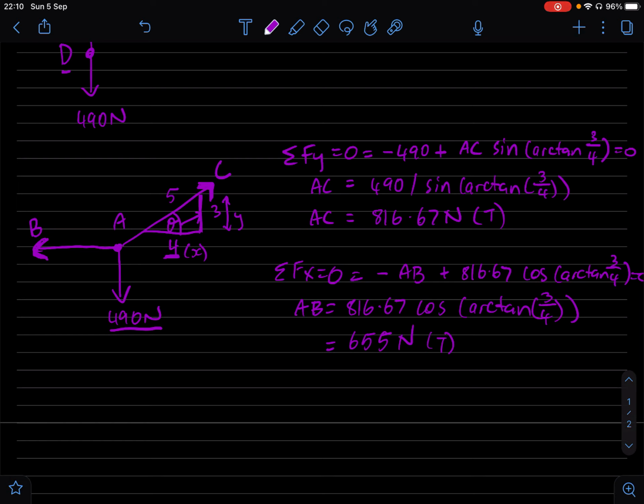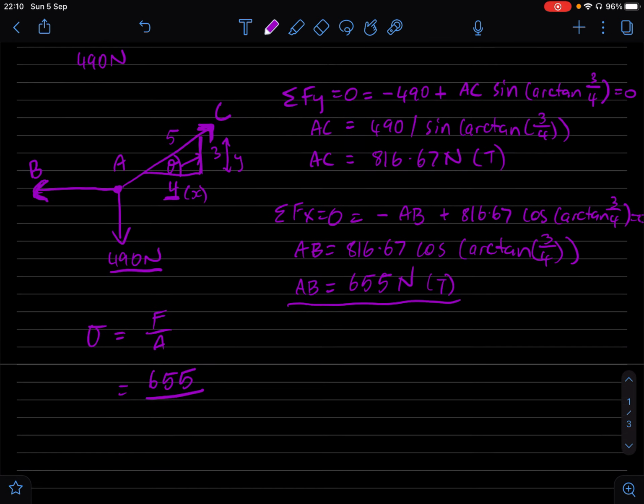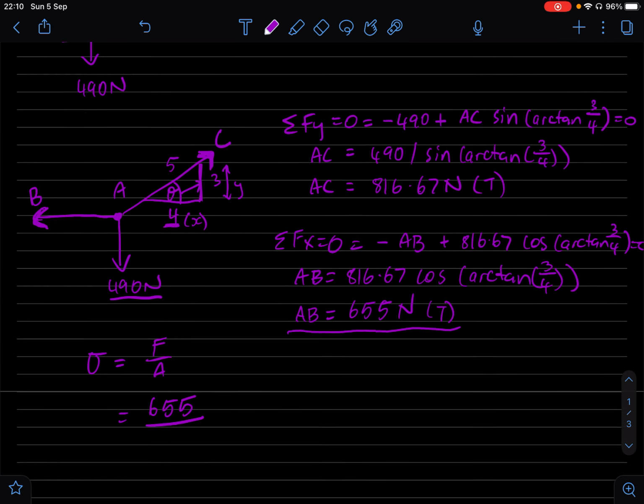All right, great. So the hard part's done. We have the force. Now to apply our very simple equation. So stress, represented by sigma, equals force over area. So the force is 655 newtons, and the area is, how are we going to calculate the area?